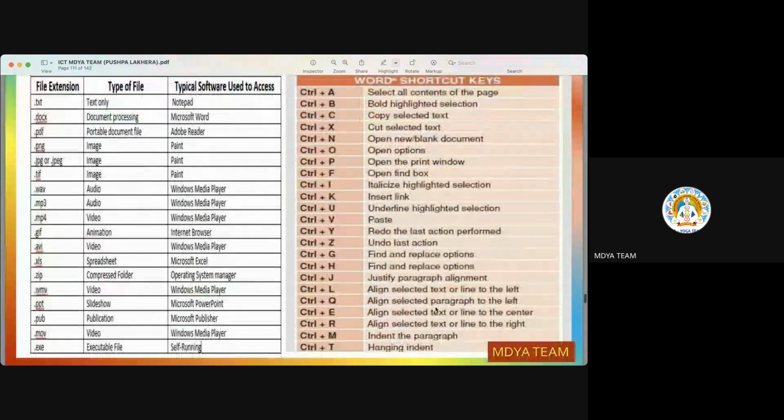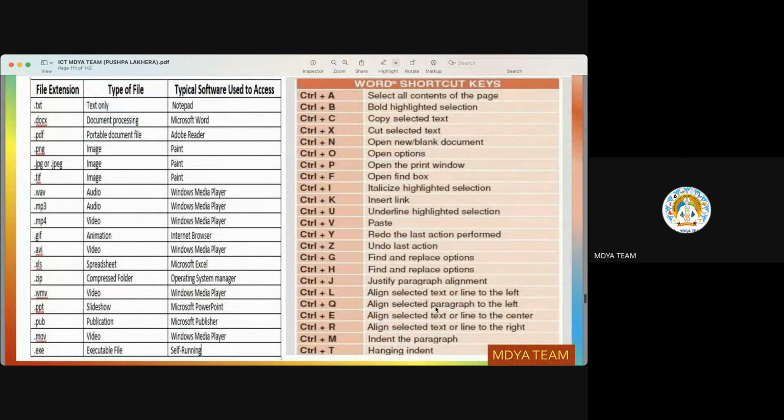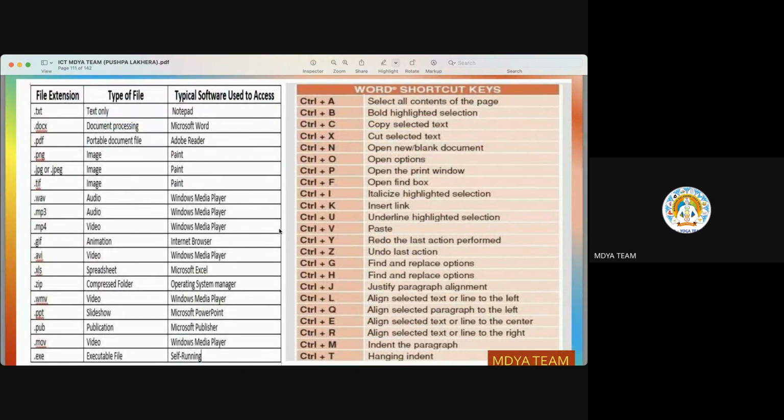There are also some file extensions, depending on which type of file you are sending, receiving or accessing. So .txt is for text only, with typical software like Notepad. Then .docx is for document processing. .pdf is Portable Document Format. .png is for images. They sometimes ask which file extension stands for which type of file.